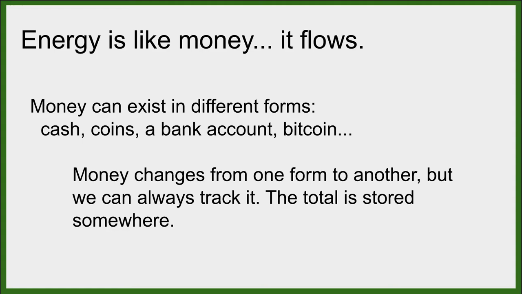But it just changes from one form to another. You can always track it. The total is always going to be the same, whether if you have a $20 bill and you change that into a $10 bill and $10 in quarters, it is still $20. It's just in different forms.